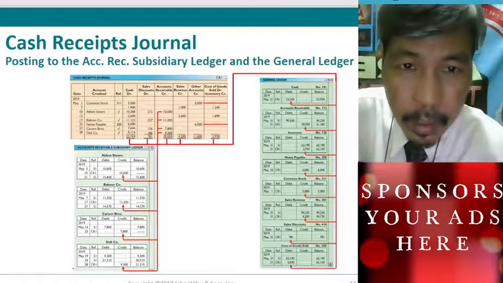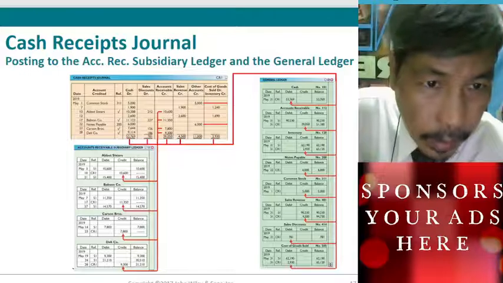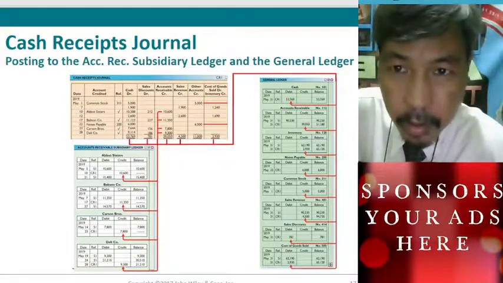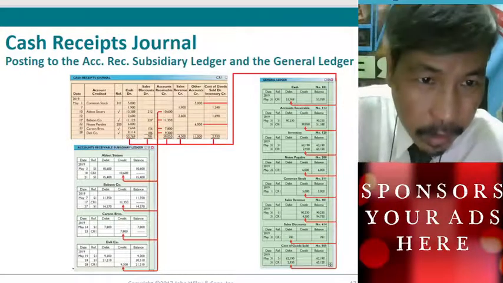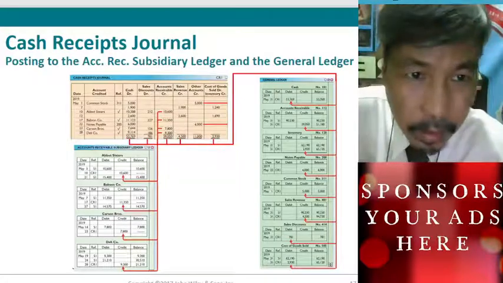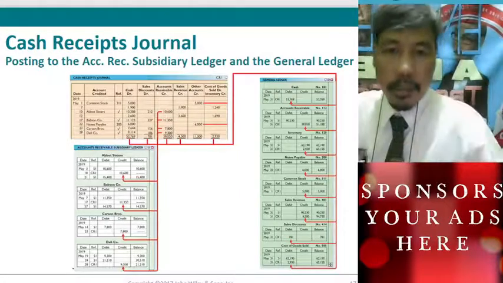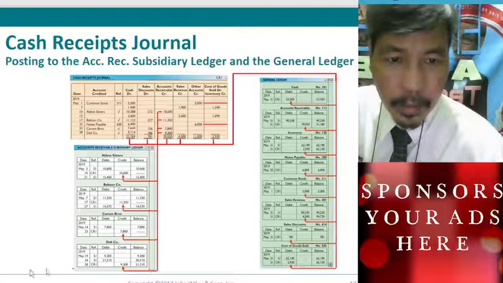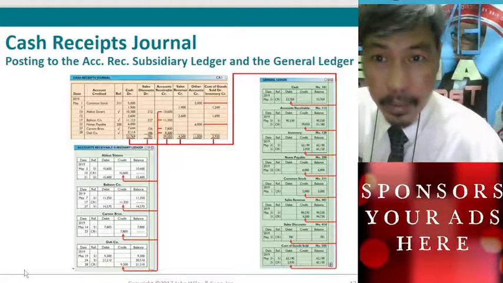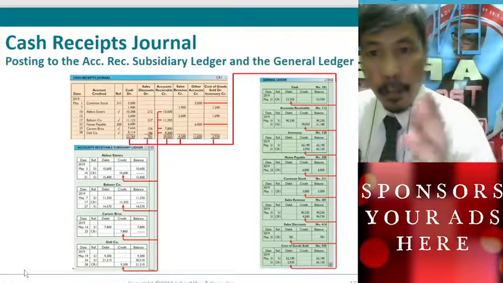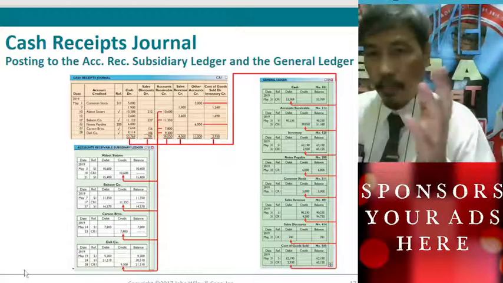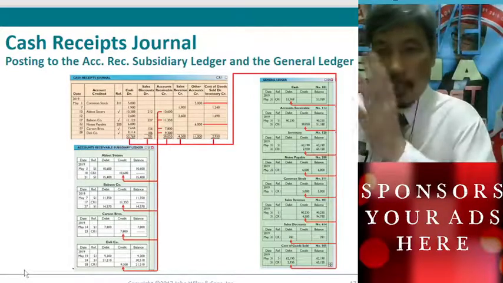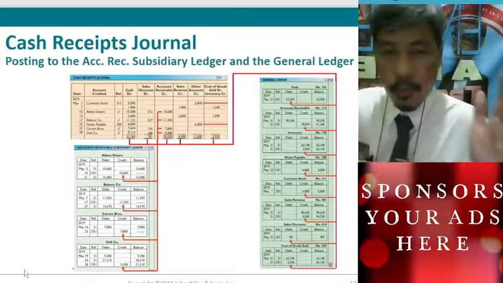Look at the general ledger: only one account name, accounts receivable, total 39,000. So it is very simple. It simplifies the general journal and general ledger, but it's very easy to backtrack because we have the subsidiary ledger and special journal.